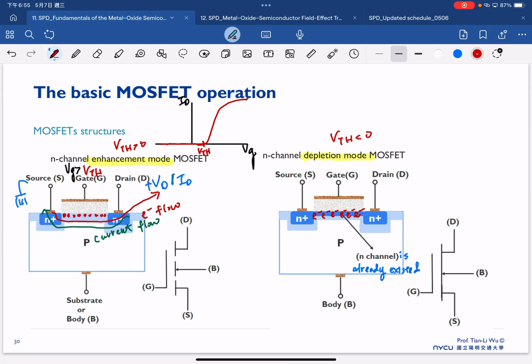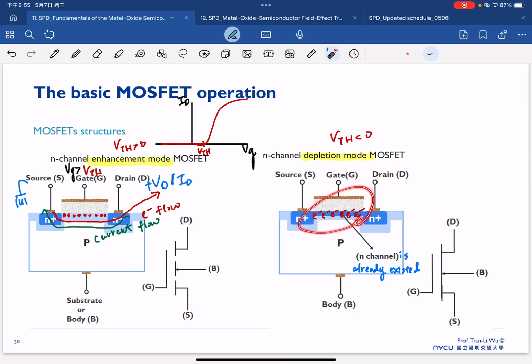But another consideration is how we switch off our channel. On the left hand side, this enhancement mode device doesn't have a channel in the beginning, so we have to apply the positive bias to induce the electrons. But on the right hand side, the channel is already existing.